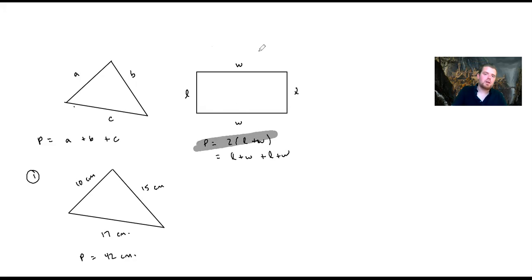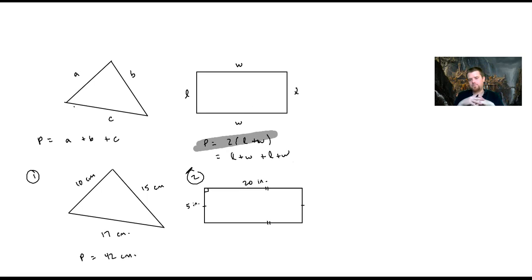That being said, it is very possible that you get a problem involving the perimeter of a rectangle, and they say this side is 5 inches, and this side is 20 inches, and maybe they tell you it's a rectangle. They could tell you in words or with symbols, but this could be your diagram for a question like number 2.